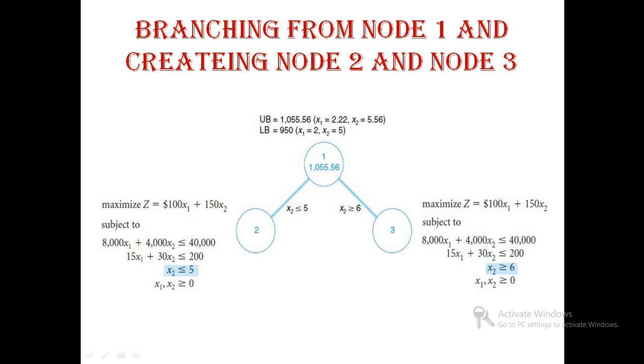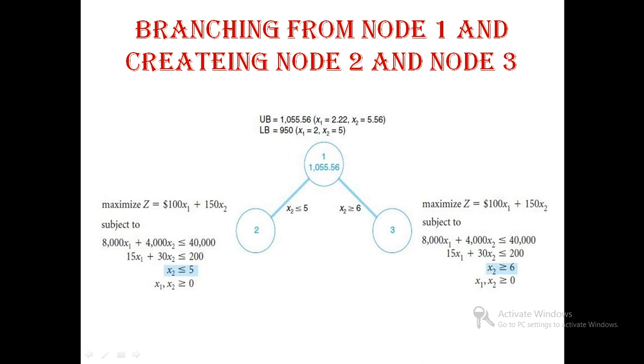How do we improve? Suppose x1 should be an integer, but it is not here. x2 should also be an integer, but it is not here. First of all, we see which variable has the greater fractional part. The fractional part of x2 is 0.56 and of x1 is 0.22.